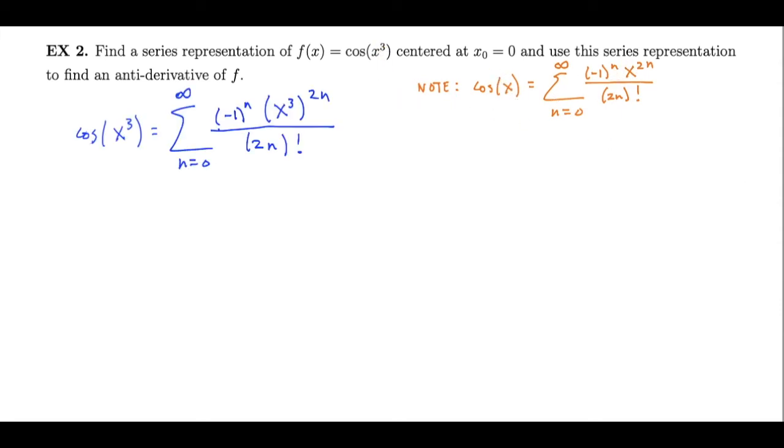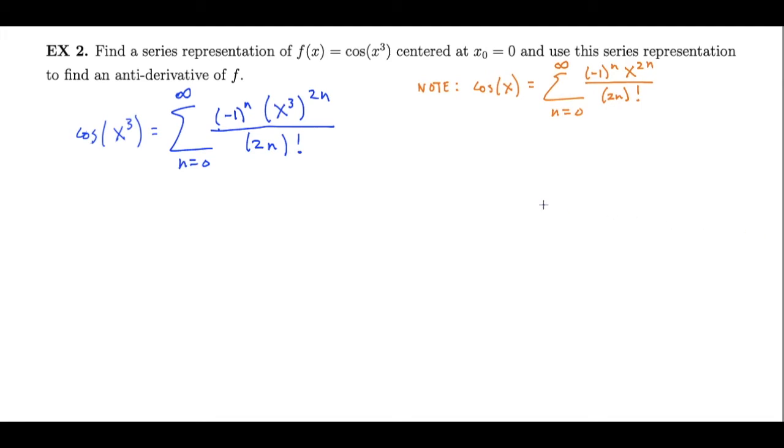Let's start by writing a series representation of our original function f. I've provided a little reminder of the series representation for cosine of x. And now I simply want to take these x values and instead of just writing x, I'll substitute in x cubed.